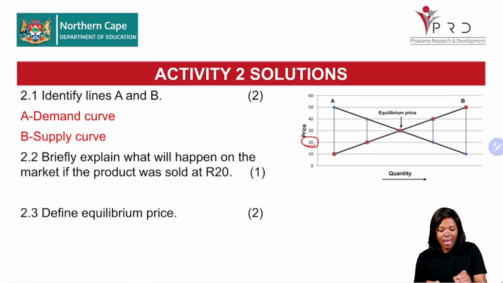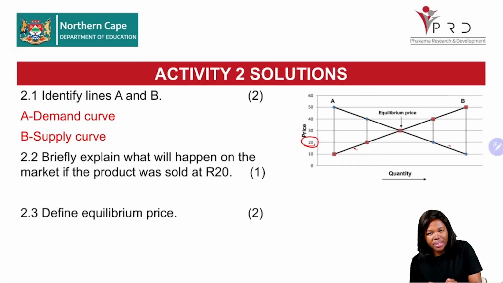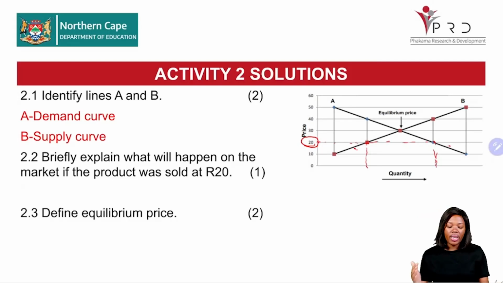This is the price. And this graph right here represents the supply. This one right here represents the demand. Now, what will happen if the price in a market is 20 Rand?